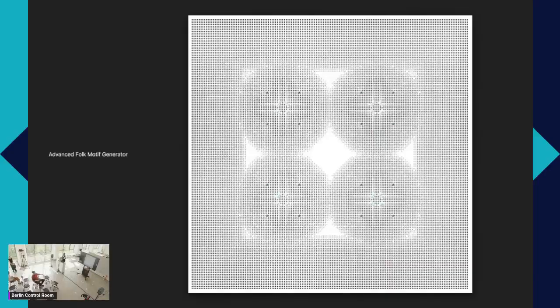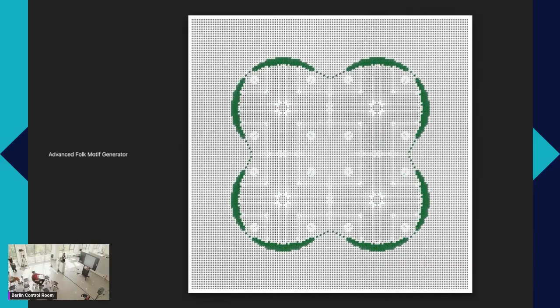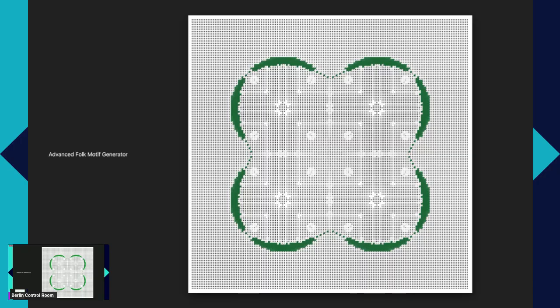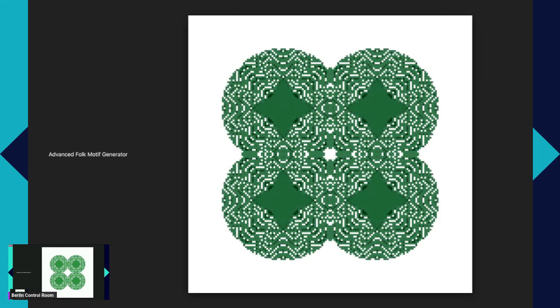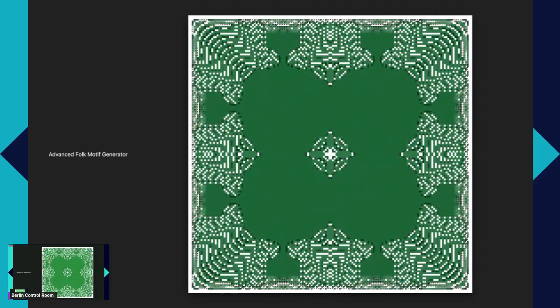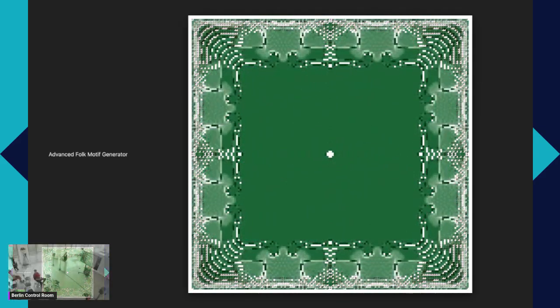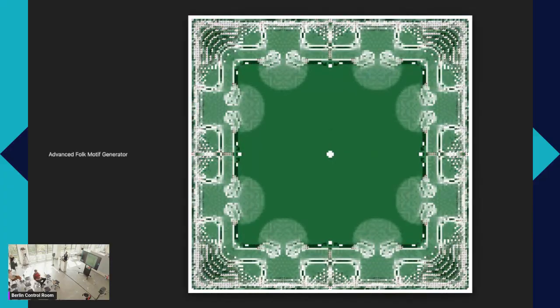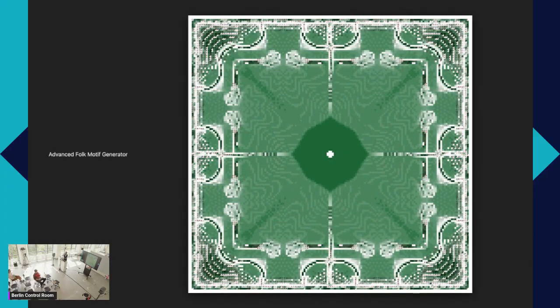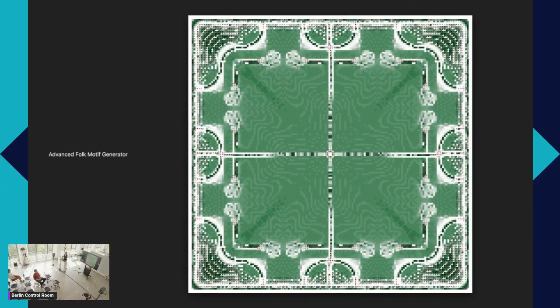Let me just exemplify. What's the question? I was just curious if, even if you put a single seed, it's always going to be symmetrical, or what causes the symmetry? Not necessarily.